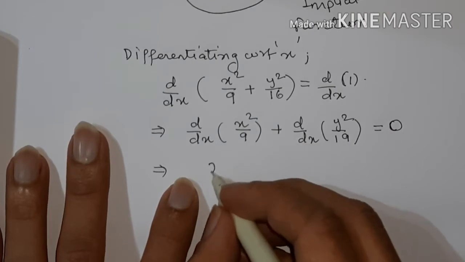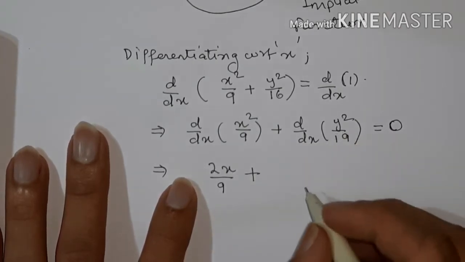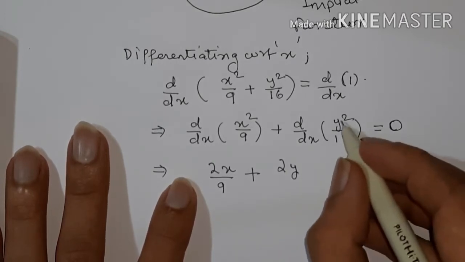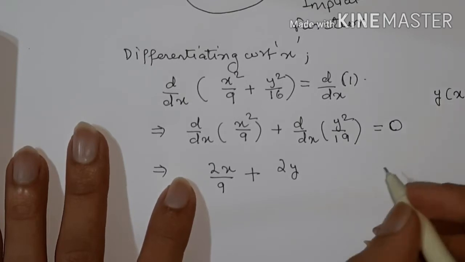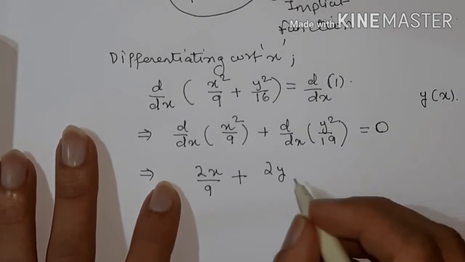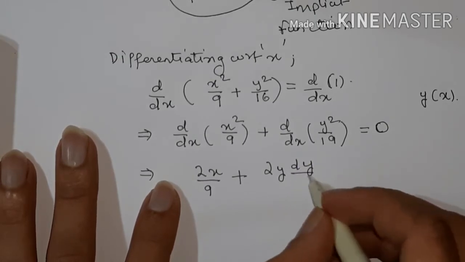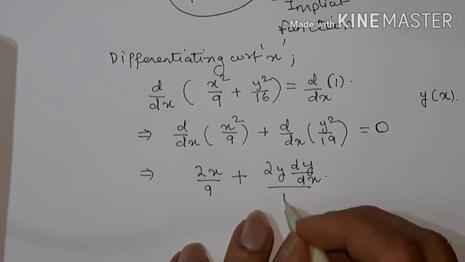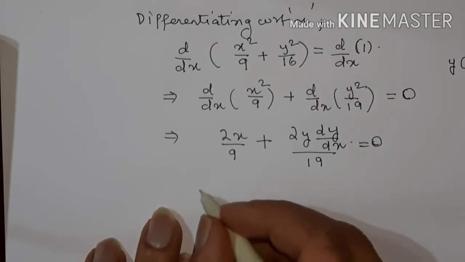The derivative of x square is 2x divided by 9, plus the derivative of y square is 2y. Since this is a function of x, y of x, we have to take the chain rule. So 2y times dy by dx, divided by 16, equal to 0. You will get this.